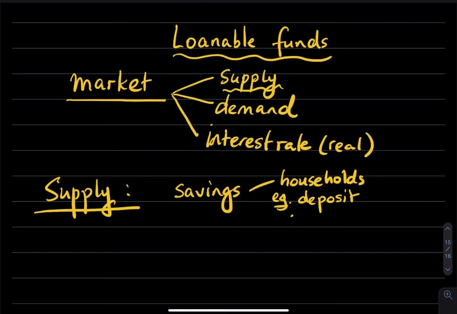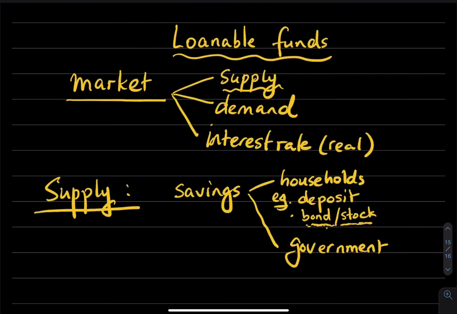Or you could buy a bond or a stock. Even though this is a type of financial investment, for a macroeconomist, this is going to be savings because you're buying something out of your savings, which is either a bond or a stock that might give you a return in the future. So savings can come from households in these different ways, or they can come from the government, in which case perhaps the government is spending less than it earns in tax revenue, and so the government might have some savings.